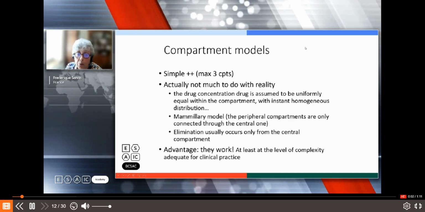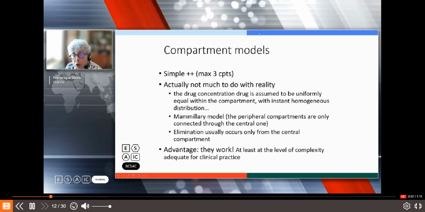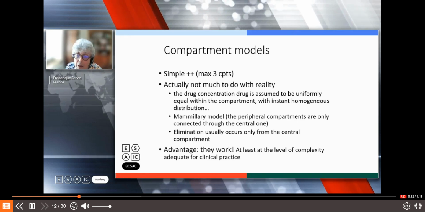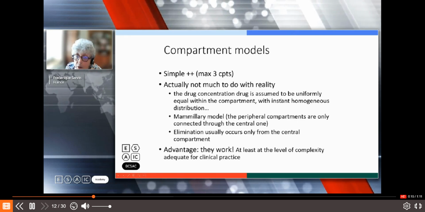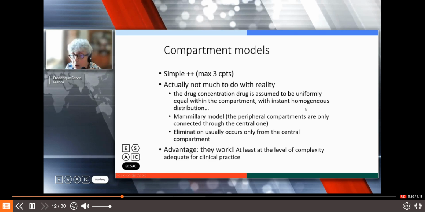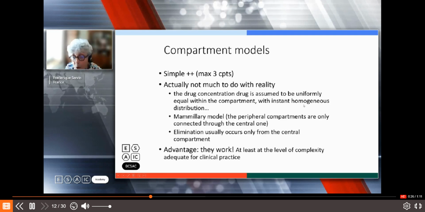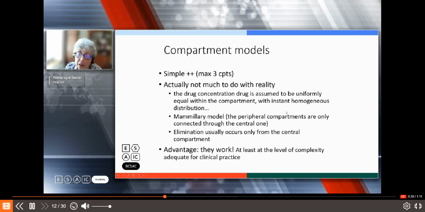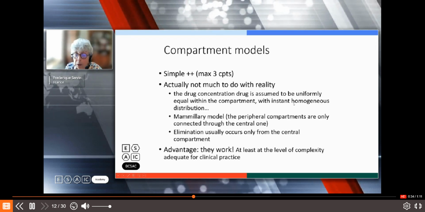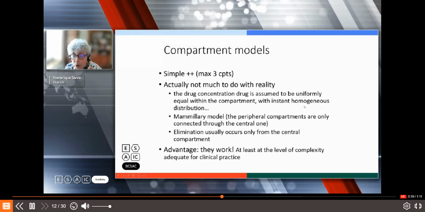Those compartmental models are very simple. They actually have not much to do with reality, because you assume the drug to be instantaneously distributed into the peripheral compartment with a similar concentration everywhere in the compartment, which of course is not true. By postulate you say that the drug enters the central compartment and the peripheral compartments are only linked to it through the central one.